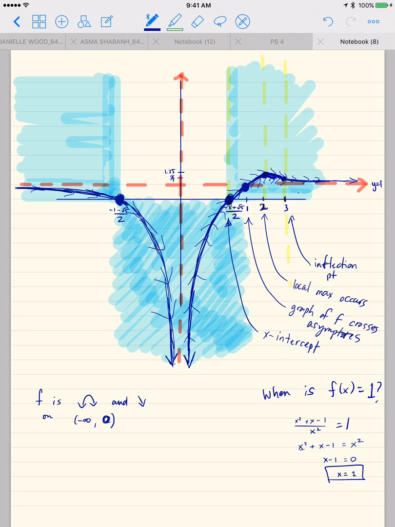So on 3 to infinity, our function is decreasing and concave up. From 2 to 3, our function is decreasing and concave down.